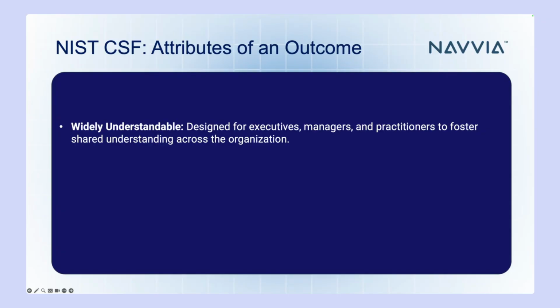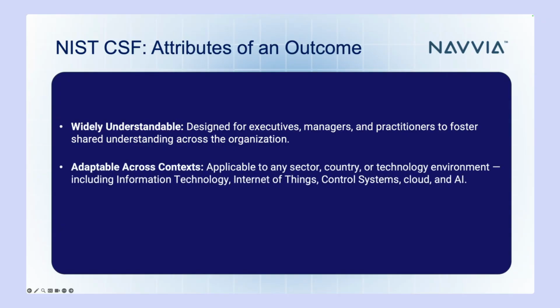In larger organizations, there might be more sophisticated ways of doing it, especially in large organizations where you may need access to applications and systems in different parts of the organization. You need more robust methods to improve authentication. So it needs to be, again, widely understandable. Everybody needs to know what these outcomes are so that they can work towards achieving them.